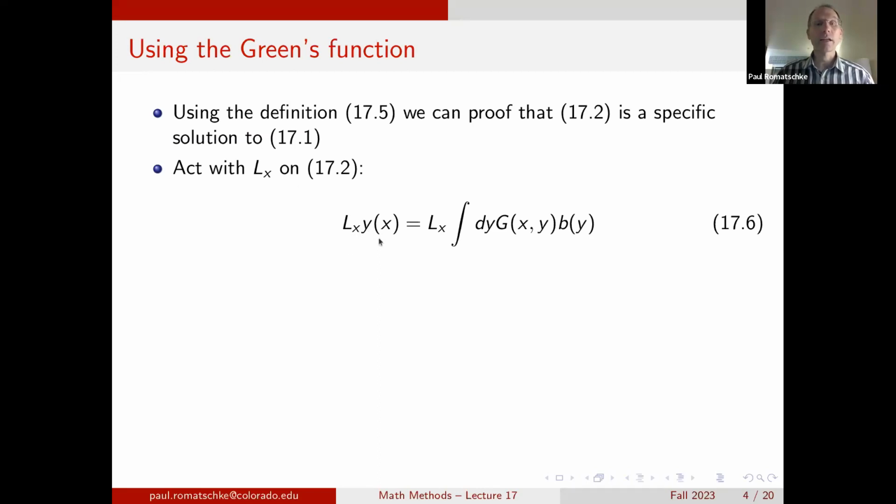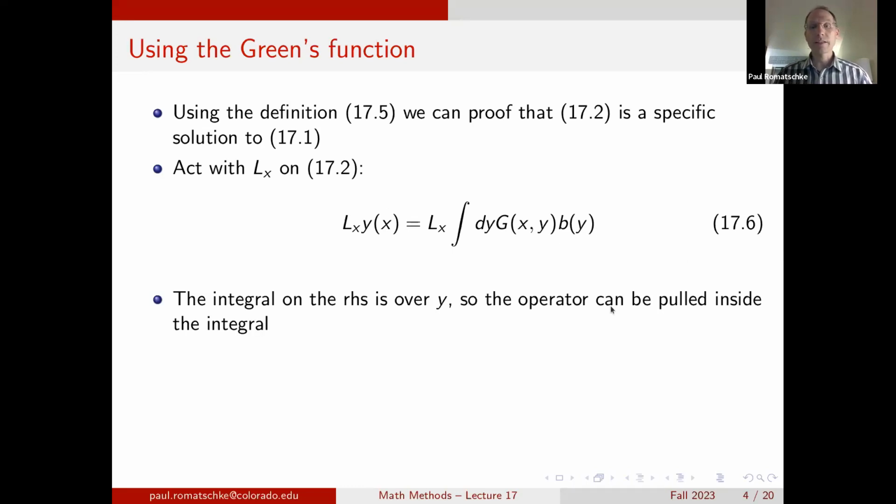So Lx acting on y of x is equal to Lx acting on the integral over dy g of x and y times b of y. And I apologize for the slightly confusing notation that I use the function y of x as a function, but have also used the symbol y to denote the coordinate y that I use in my Green's function. So these are not the same y, which is slightly confusing.